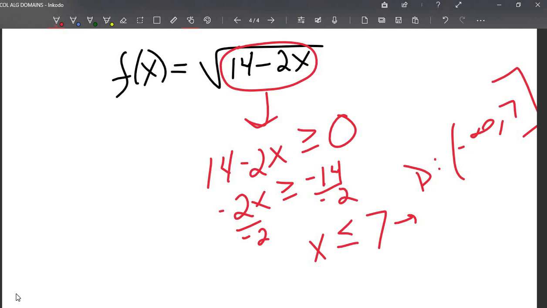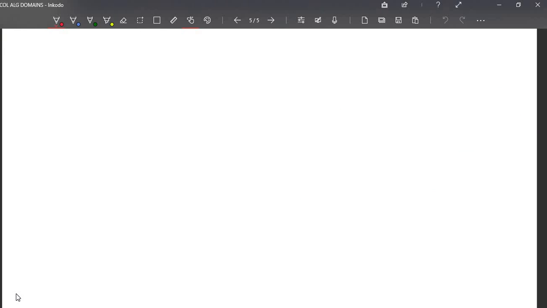So the whole key to the square roots is taking what's underneath, setting it greater than or equal to 0 every time. Now, what we mainly want to focus on is rational functions.